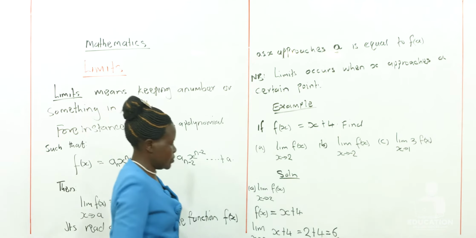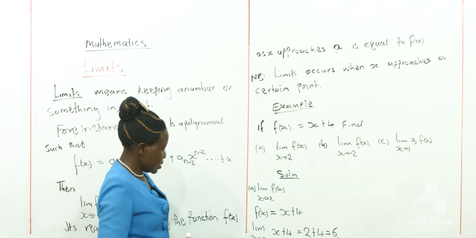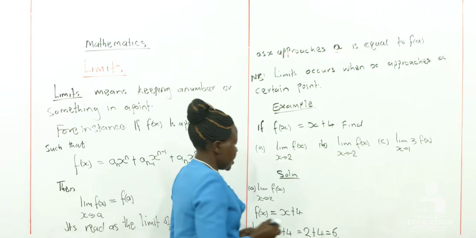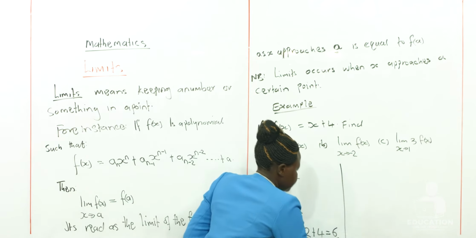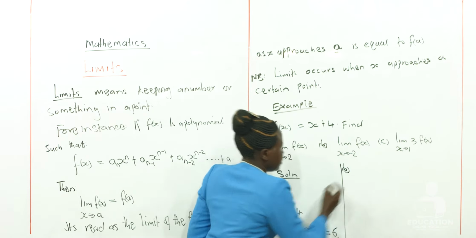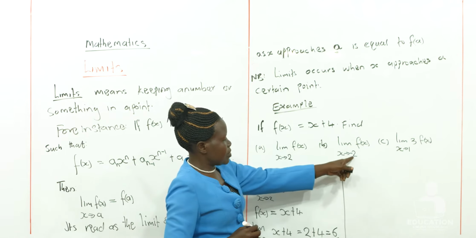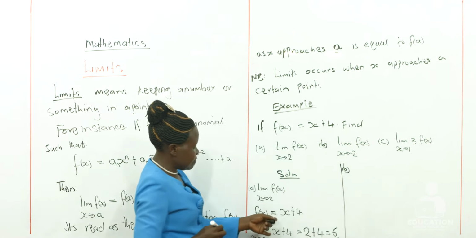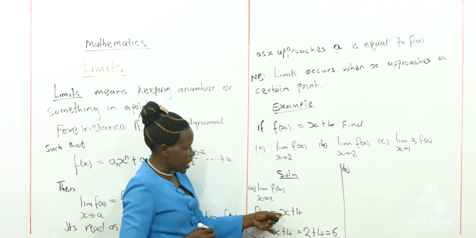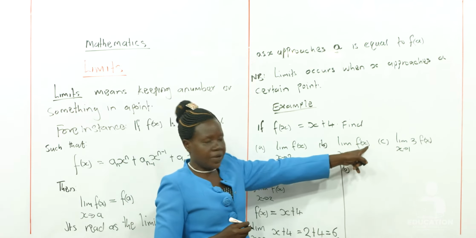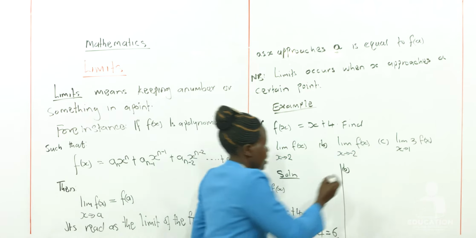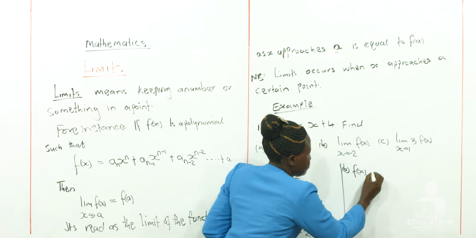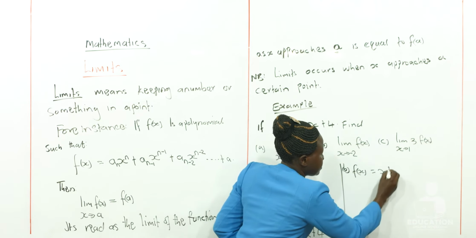So that is how you simply deal with limits. Then when we come to part B, it says x is approaching negative 2. So it will not make any difference. You know that where x is approaching is the value of x in the function. Then you say I will have f(x) equals x plus 4.